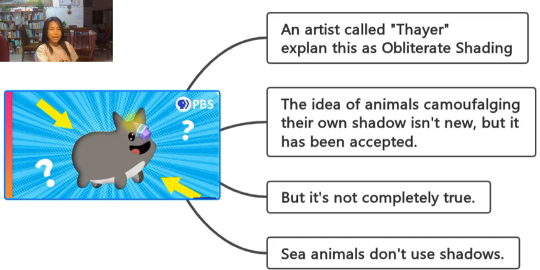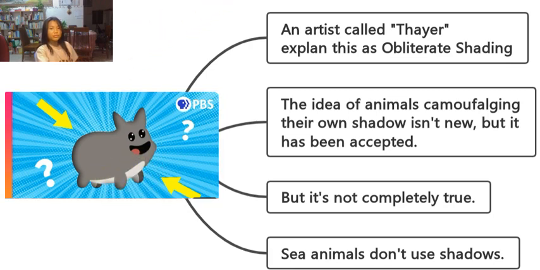On the top of them is black. In the middle of the body is their main color, gray. And down here is a lighter version of the color, red or white. So this is just like shadowing in painting, and he called it obliterative shading.